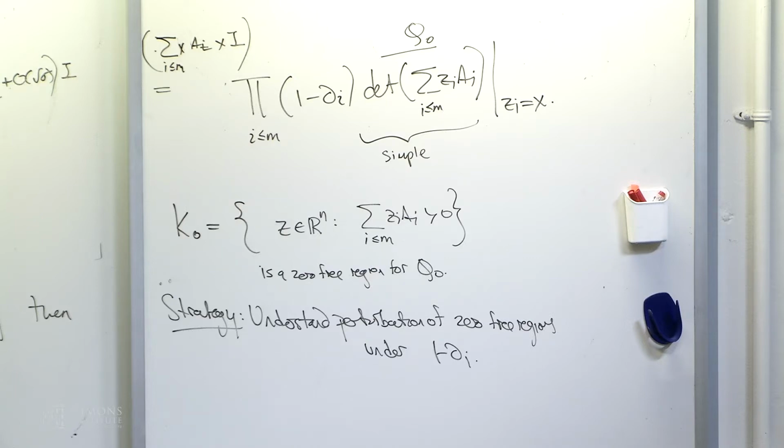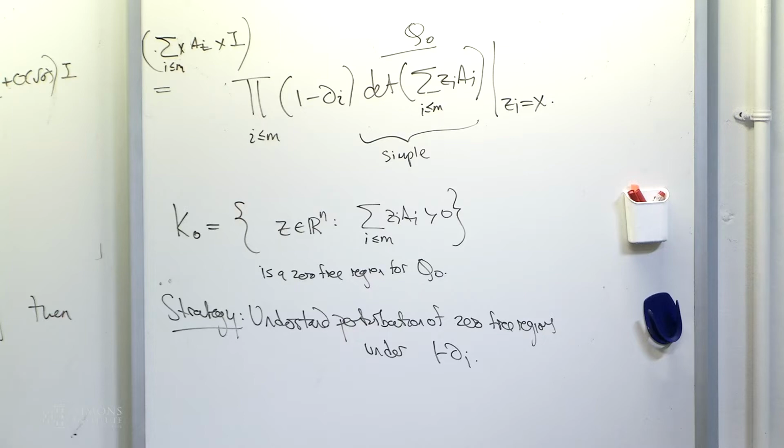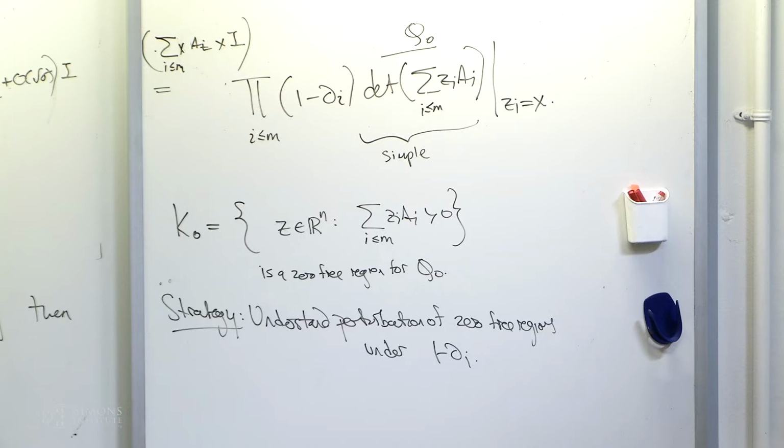Okay, so rather than diving straight into this, that how do you understand the zeros, perturbation of zeros of these multivariate polynomials, I'm first going to show you how to understand perturbation of univariate polynomials. So you can think of this as a warm-up for the actual task of controlling the zeros of this polynomial.